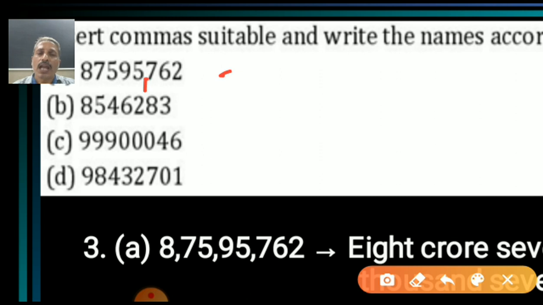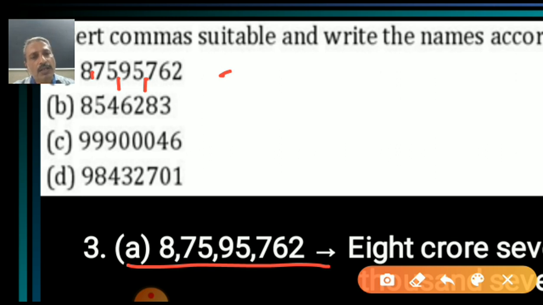And after 3 numbers, every 2 numbers having a comma. So 59, 57, comma. Now my comma work is over. Can you see the answer here? Yes, 8, 75, 95, 762.